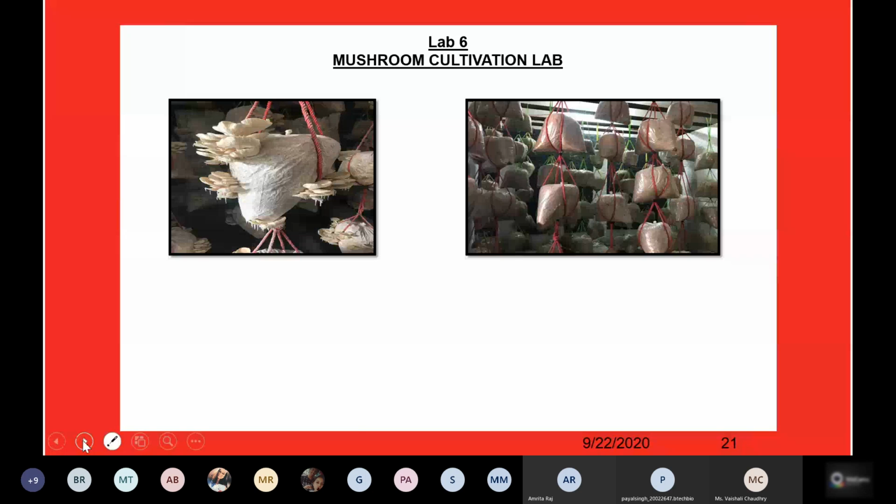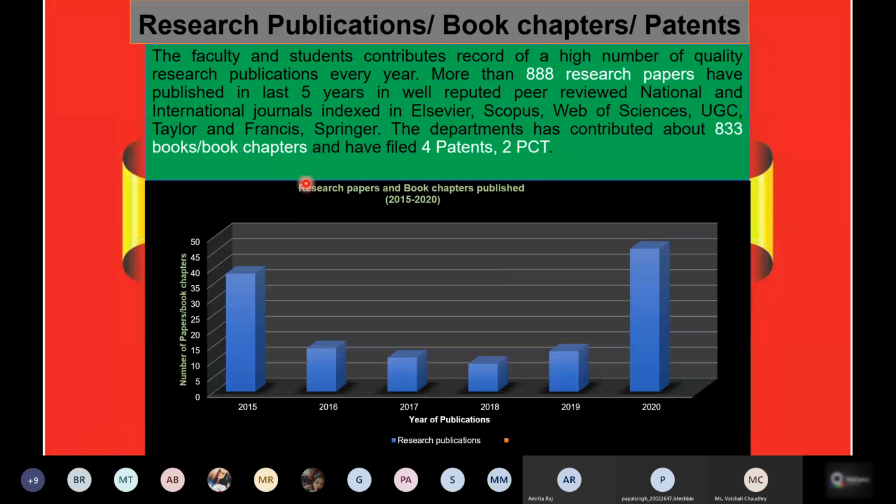So this slide is showing the research in our department, and we have published more than 888 research papers in the last 5 years, with 833 books and book chapters. 4 patents have been filed, 2 PCTs, right?